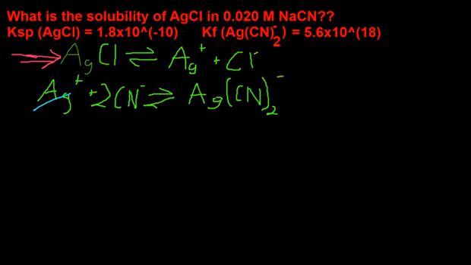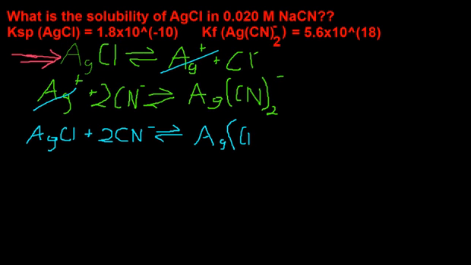Silver cancels, so our net reaction is AgCl, silver chloride, plus two cyanides, in equilibrium with our silver dicyanide, which is also aqueous, which is important, and chloride.